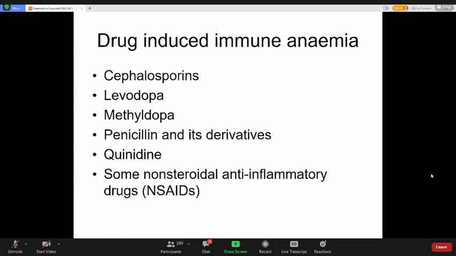Quinidine, and other drugs like the non-steroidal anti-inflammatory drugs, the NSAIDs, aspirin, and related drugs, paracetamol, all non-steroidal anti-inflammatory drugs can be associated with drug-induced hemolytic anemia. All right. Again, another lecture in third year, and you'll go into some of the specific mechanisms of these drugs.